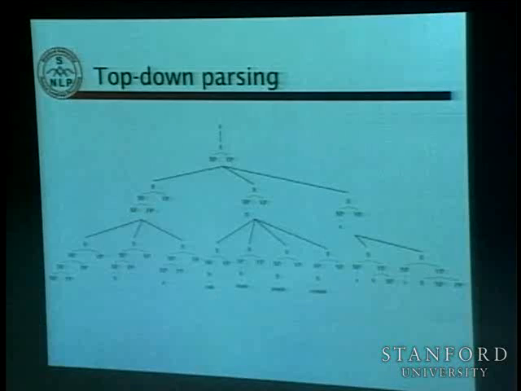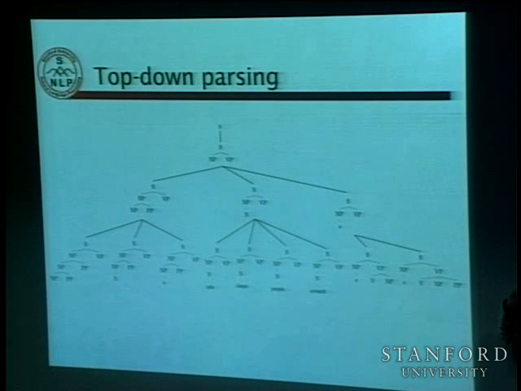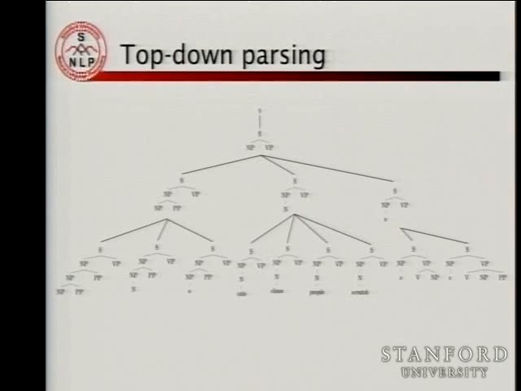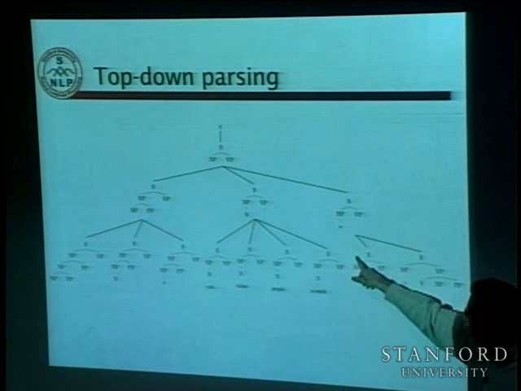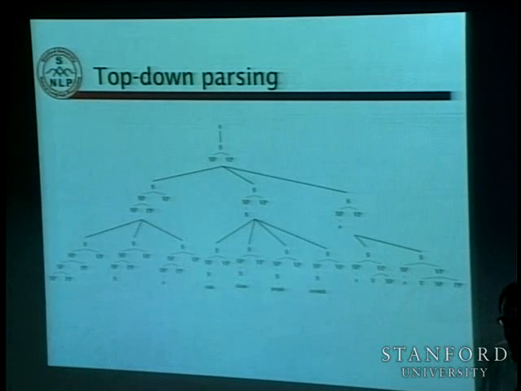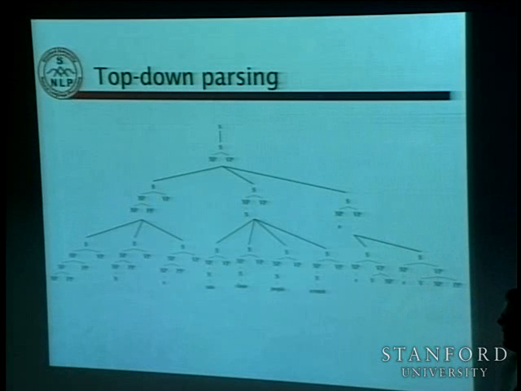Okay, so top-down parsing, here's my little picture that's too small to read, but you just have to see the shape of it. What I have here is the outer tree is my search tree, and then the inner trees, which are too small to read, are a representation of my state in the search. So I start with just my start rule.